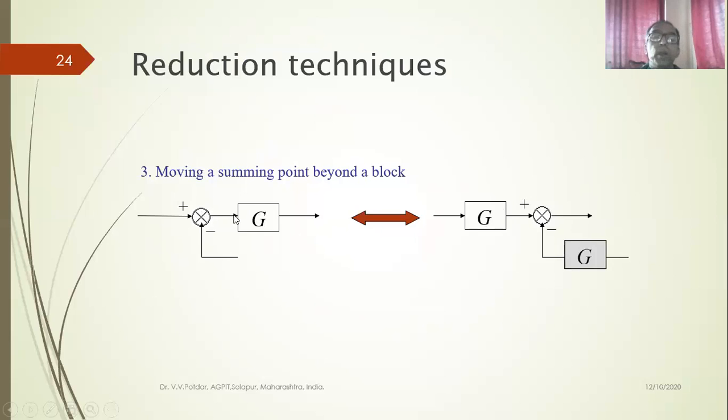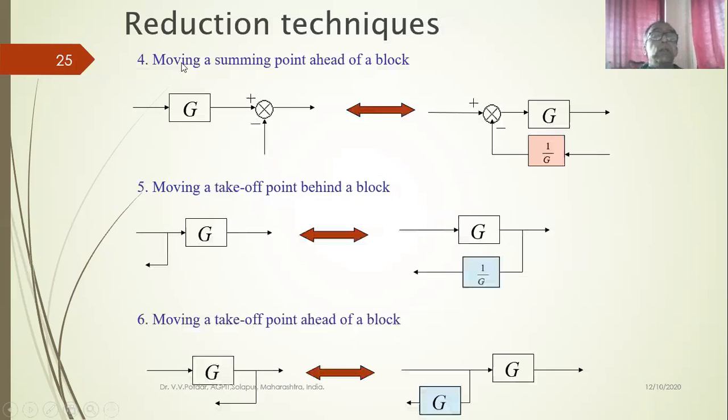I have taken the summing point beyond the block, but I have to make a necessary change. In the feedback path there was no block, so in the equivalent block diagram I have to insert G so that the overall equation relationship of the original block diagram remains the same. This can be proven very easily. So if I move a summing point beyond a block, I have to insert the same value block in the feedback path.